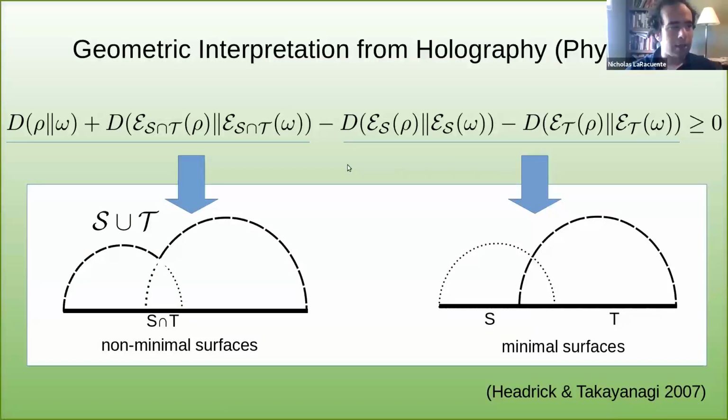And in this analogy then, we would take these two minimal surfaces for S and T, and we could reassign pieces of them to get the union and intersection surfaces, but these would be non-minimal. And that non-minimality corresponds to the fact that the sum of these two entropies for the union and intersection is going to be at least as large as the sum of the entropies for the two subalgebras taken individually.